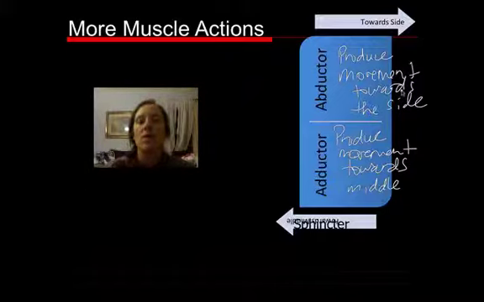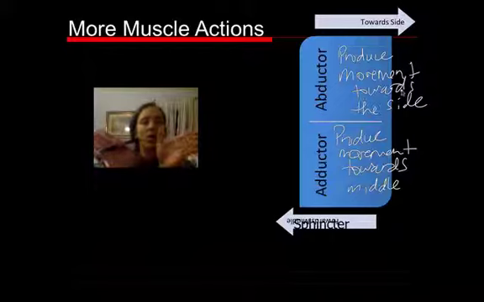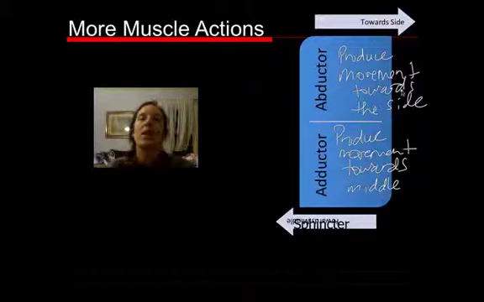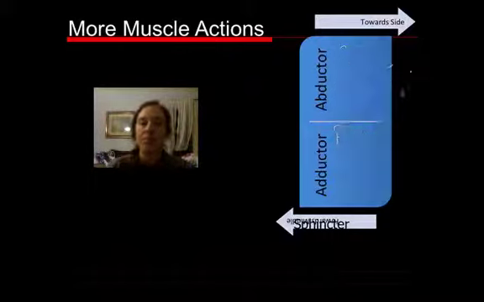Good examples of that are your hip muscles. Muscles in your hip can do both adducting and abducting. So if you were using your muscles of your hips to bring your knees together, that is an adducting motion. And if you were opening up your legs and moving your knees further apart, that is an abducting motion.